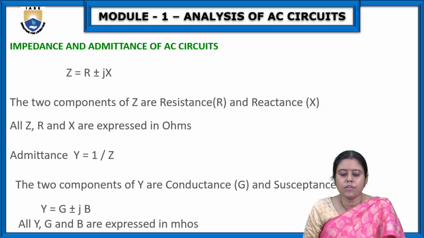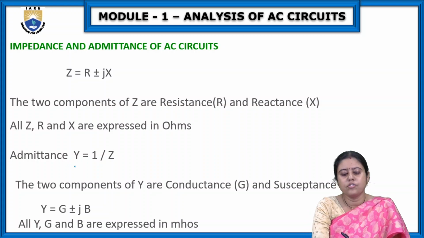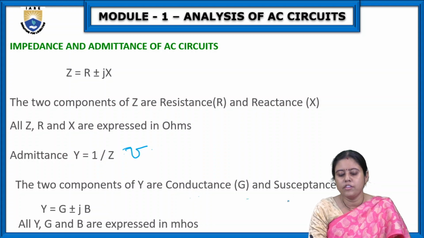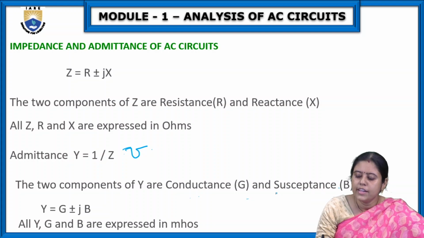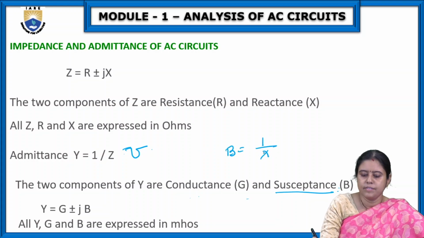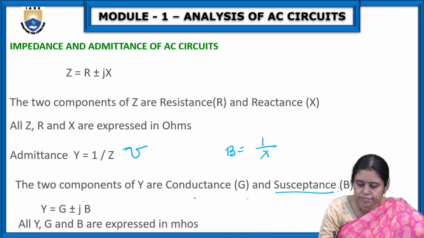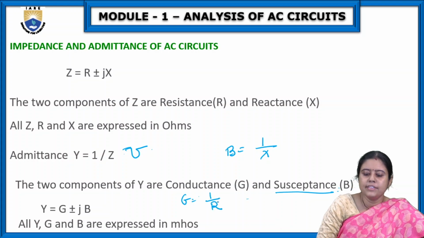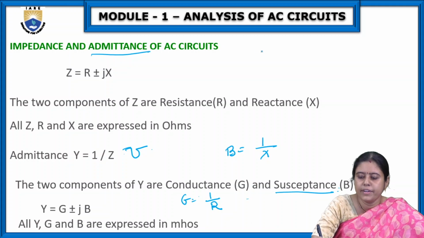So what is impedance and what is admittance? 1 by Z is known as the admittance and the unit is mho. G is the conductance, and B is the susceptance of the circuit. Susceptance means B is equal to 1 by X. G is 1 by R, and 1 by Z is equal to Y, which is known as the admittance.